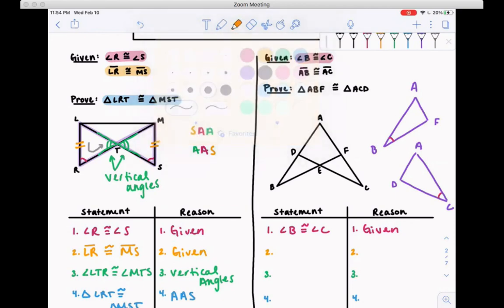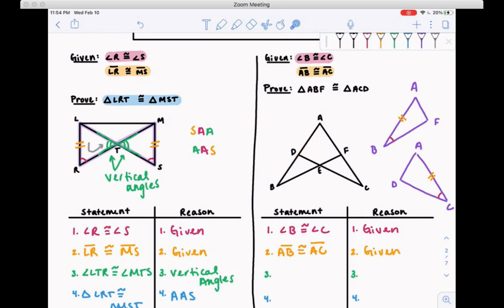All right, next given is the side AB is congruent to the side AC. Also given, and let's mark it on the diagram. So A to B, and then A to C. And this side is an example of why it can be helpful to draw the triangles separately, because if I was trying to mark that on this diagram, I wouldn't know where to put the ticks.